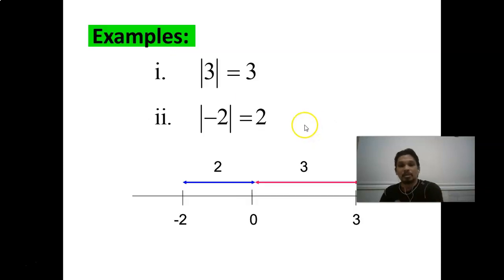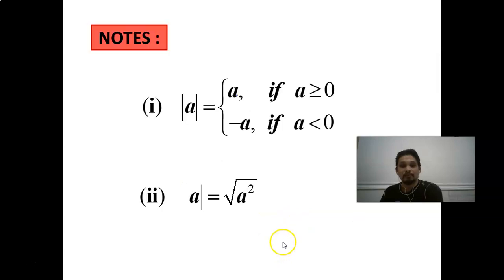Of course, just like this one here, negative 2 is less than 0 and 3 is greater than 0. Modulus A is also defined as the square root of A squared.